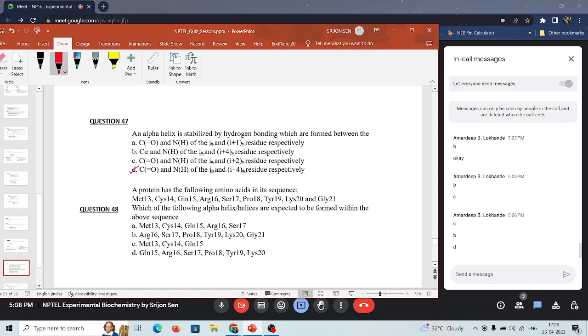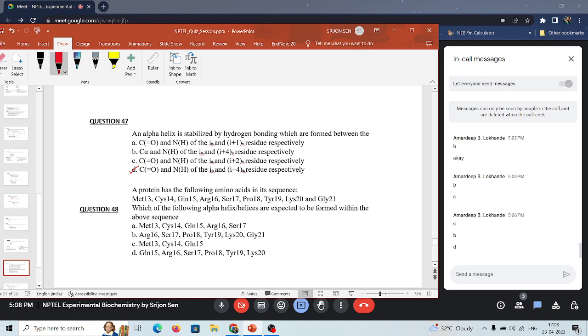Now next one, 48. A protein has the following amino acids in its sequence: methionine, cysteine, glutamic acid, glutamine, arginine, serine, proline, tyrosine, lysine, and glycine.